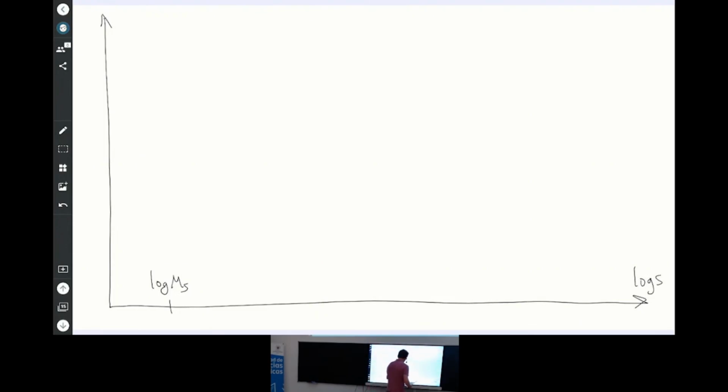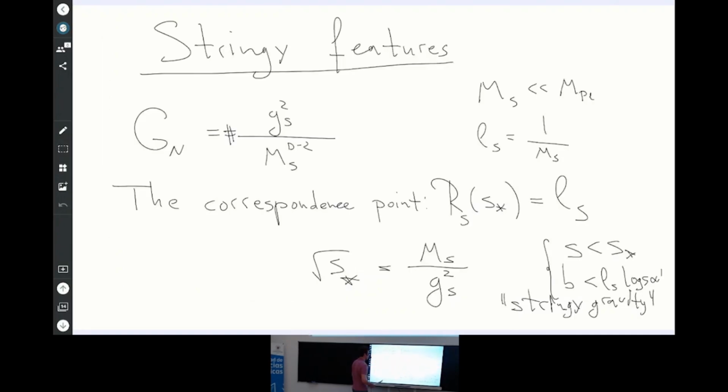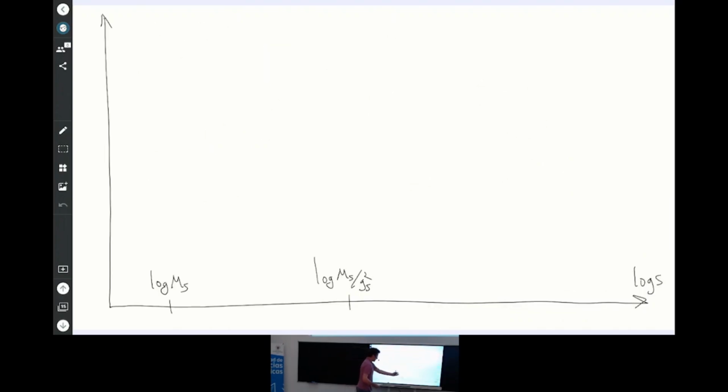But now we have this new thing here, which is log MS over g string squared. Notice that this implies that we consider gs much less than 1. Usually it's weakly coupled. So this scale is far away, and we expect that there is no collapse beyond this point.